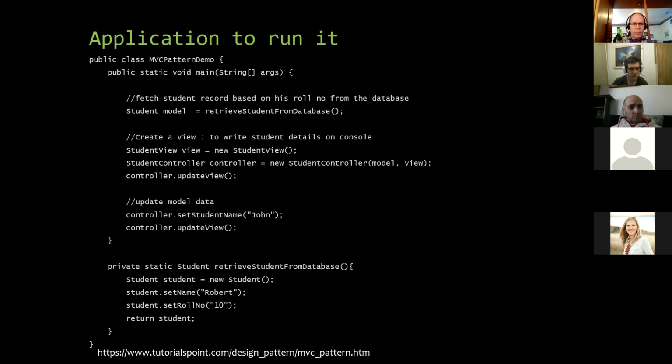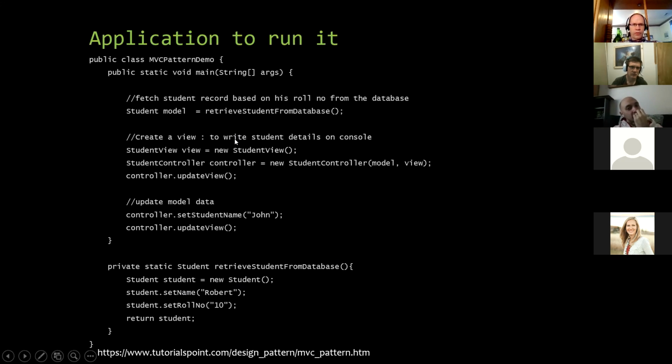So what it's actually doing here is, up here, it's creating that controller object. Up here at the very beginning, it's creating an instance of that model. That's actually where it's then going to call this method here. So the very first thing, even though it's last in the code, the very first thing that's going to happen is that this student object is going to get created and populated with a name of Robert and a roll number of 10.